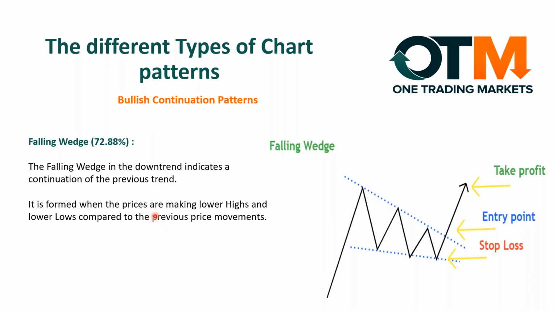It is formed when the price is making lower highs and lower lows. Our stop loss will be at the bottom of the head. Our entry is just across the latest top. Take profit will be at the same measurement of the last movement. It's very simple.